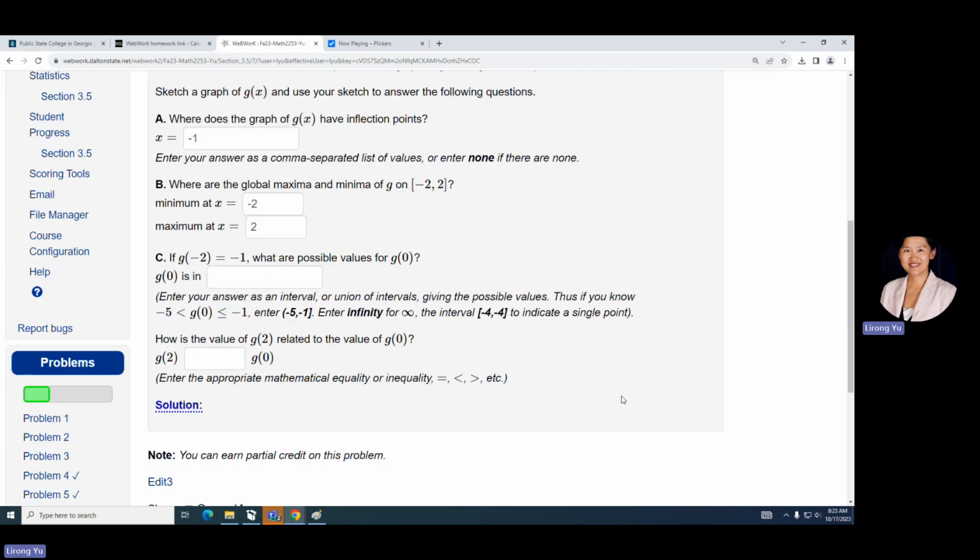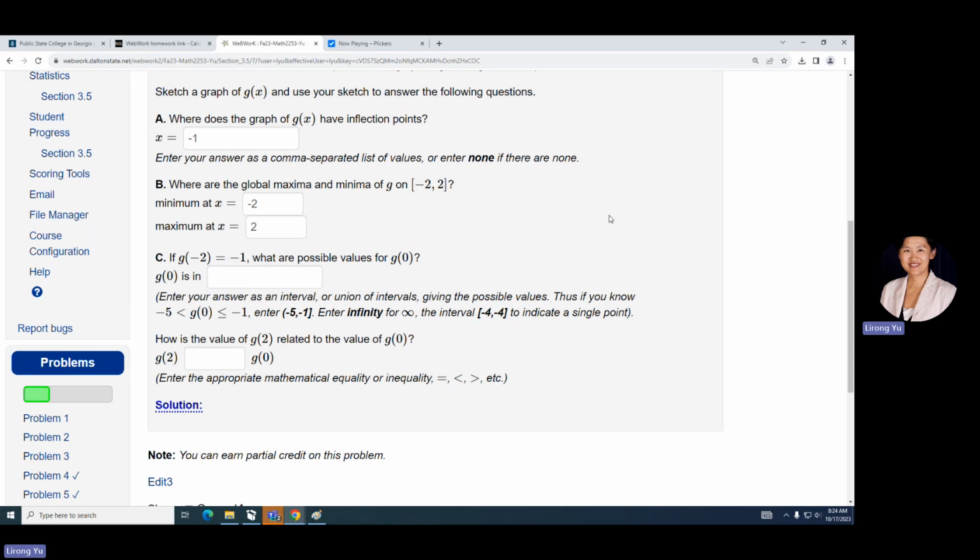We can try it. This question says, if g of -2 equals -1, remember we were talking about at -2 there's a minimum. What are the possible values for g of 0? We already mentioned that g of -2 is the minimum, say -1, and then what happens at 0? See, -2, 0, 2. The value at 0 has to be higher than -1, since -1 is the minimum. It says to enter your answer as an interval.